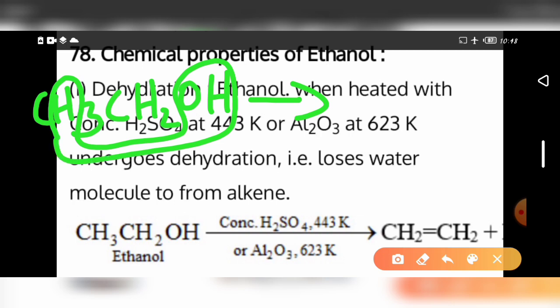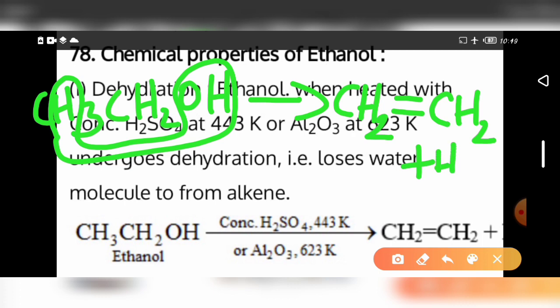So here one bond will remain on each carbon, and these two combine. CH3 loses one hydrogen, so it is converted into CH2. One electron will be there, it forms one bond with another CH2. CH2OH loses OH and this H, forming H2O. This is ethene, with a double bond.